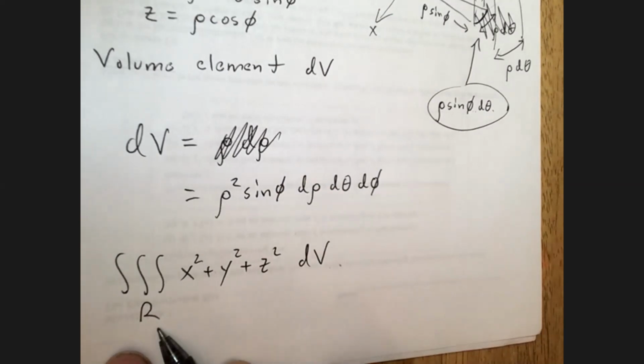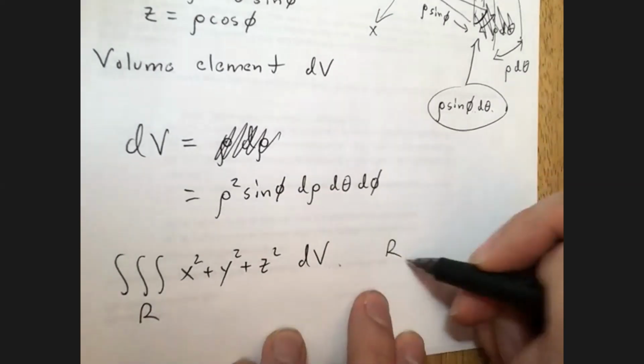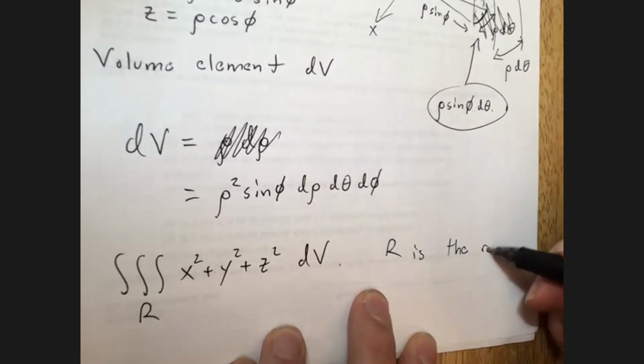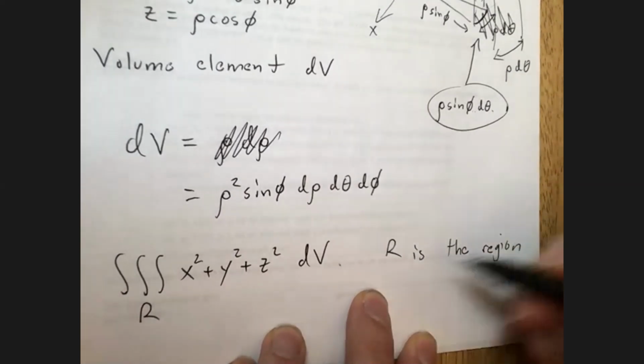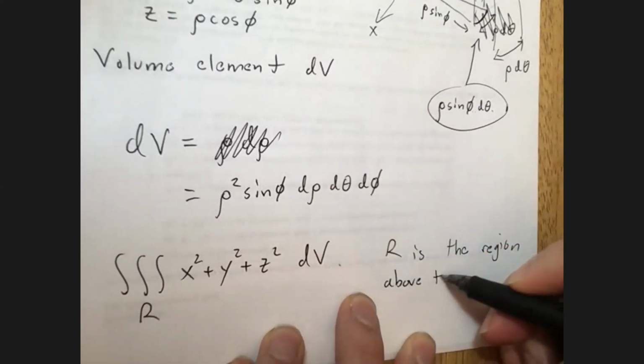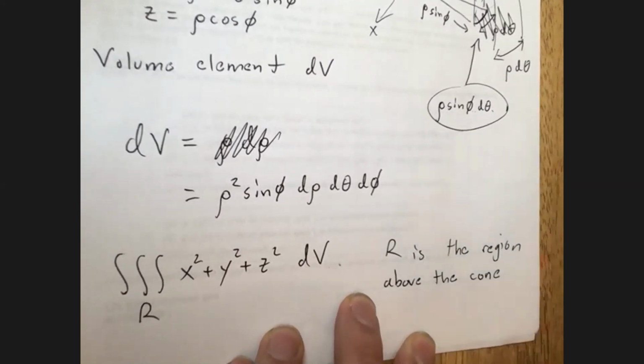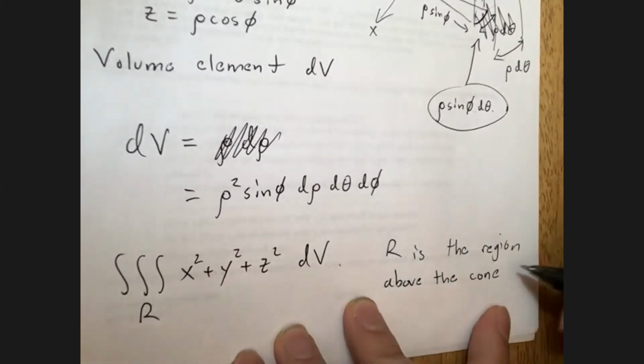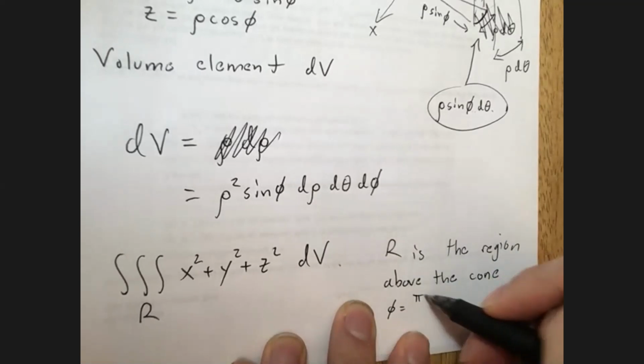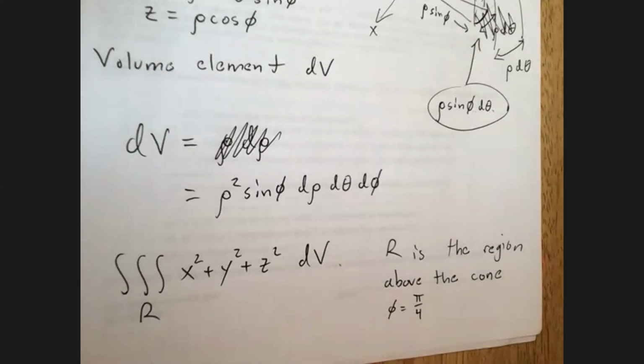R is the region above the cone phi equals pi over 4. And we'll talk about why that's a cone in a little bit. And below the sphere, rho equals 2.